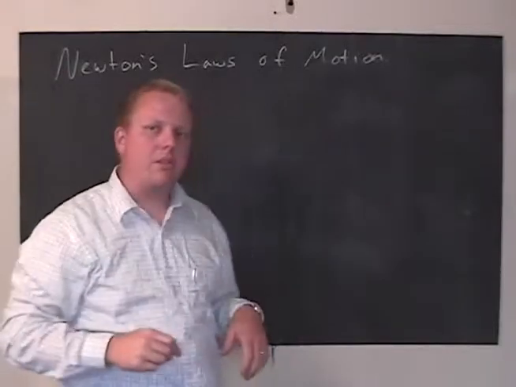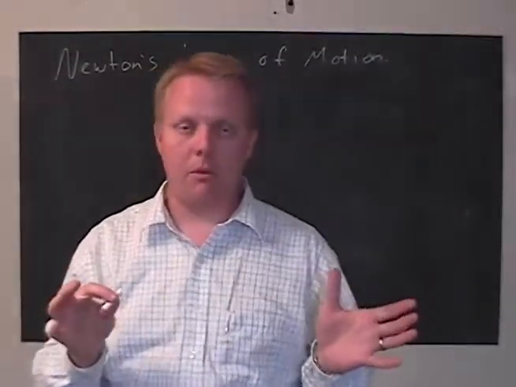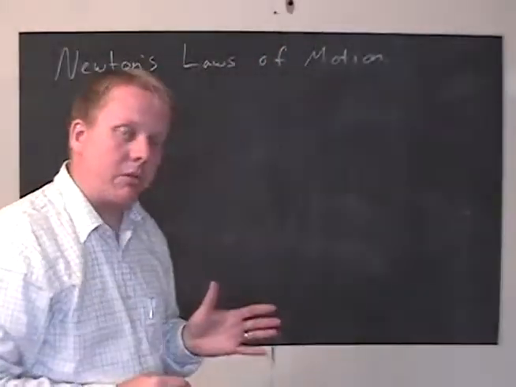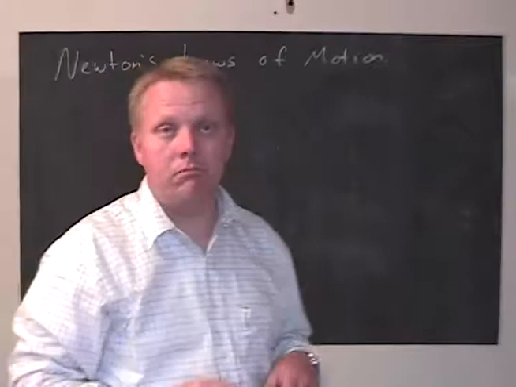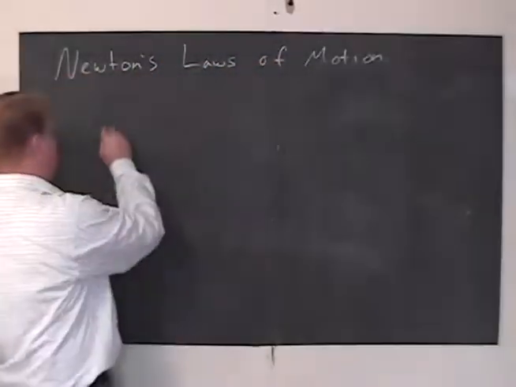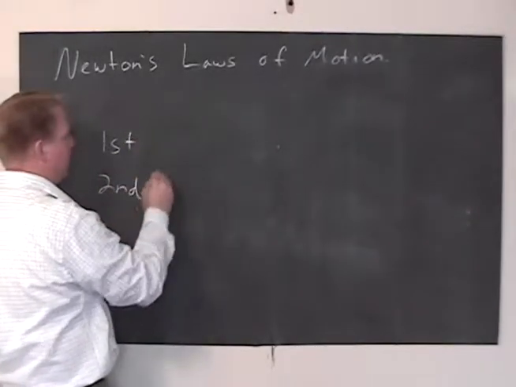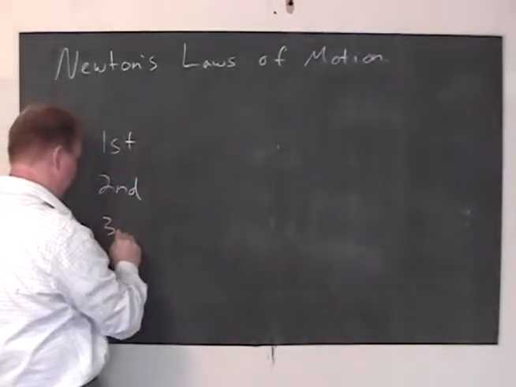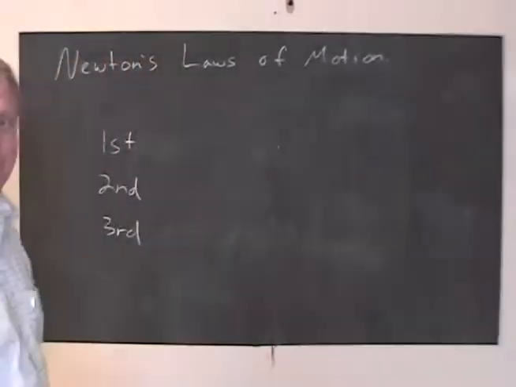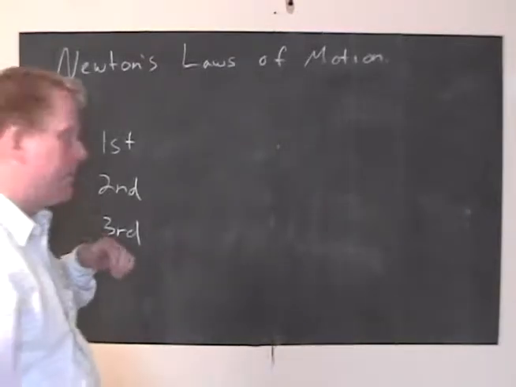And these key statements just state the facts about what happens when we're talking about objects that move. In order to make them easier to remember, instead of calling them by fancy names, we call them Newton's first law of motion, the second law of motion, and you'll never guess the last one. It's the third law of motion. These are the names that we give them.